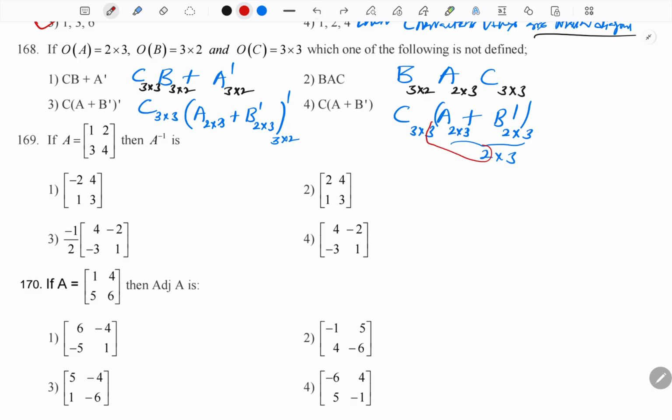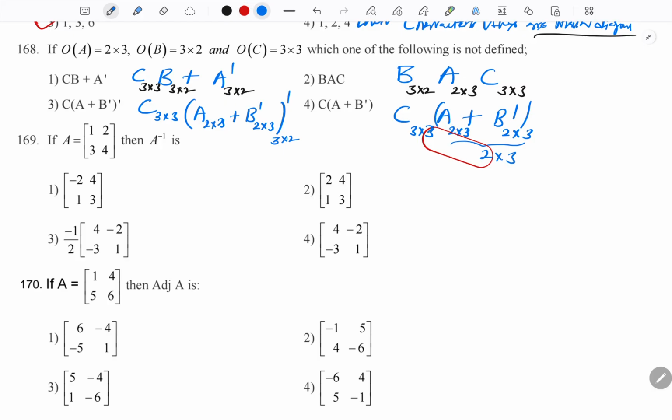can we multiply? Let me move it. Yeah, okay, better.